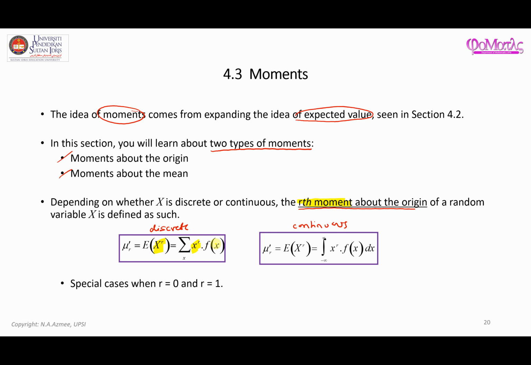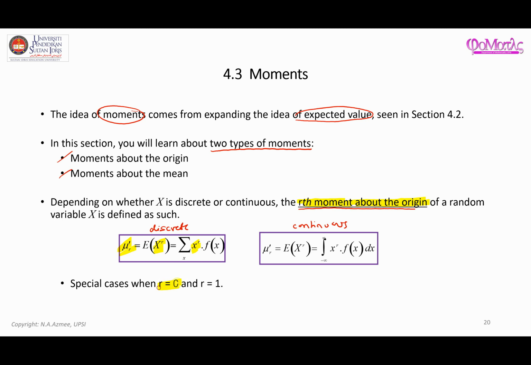The mathematical symbol for the rth moment about the origin is represented by mu with a prime, and at the bottom we have r: mu prime r. Here r represents exactly which moment it defines, for example the first moment or the second moment.